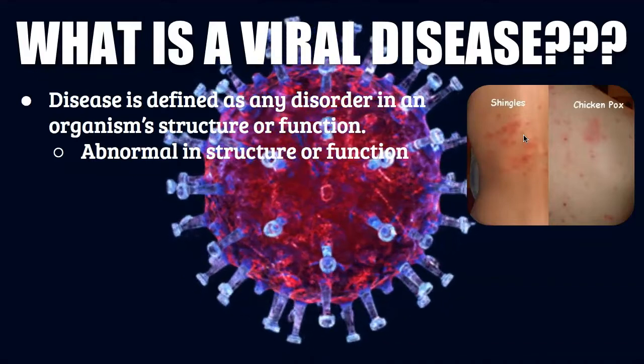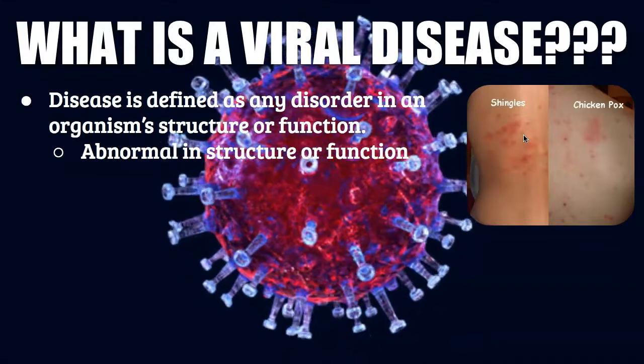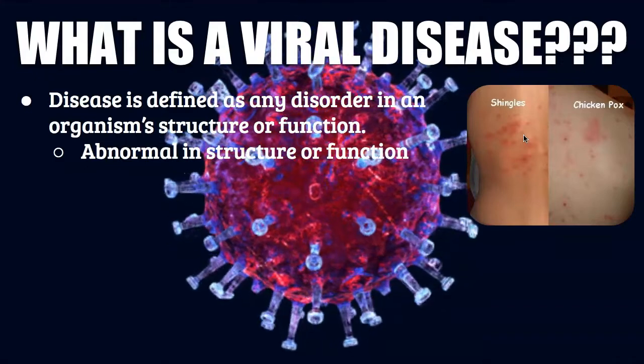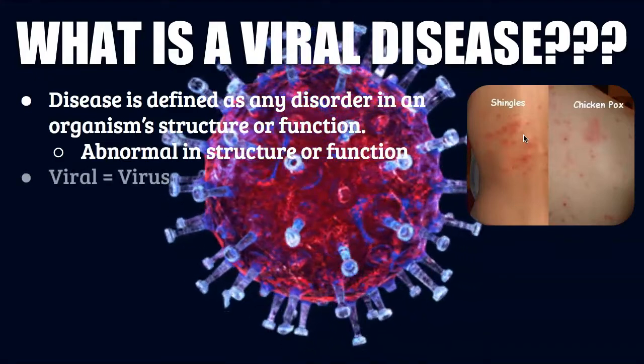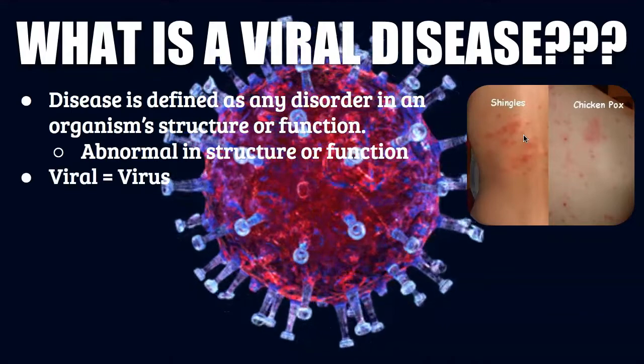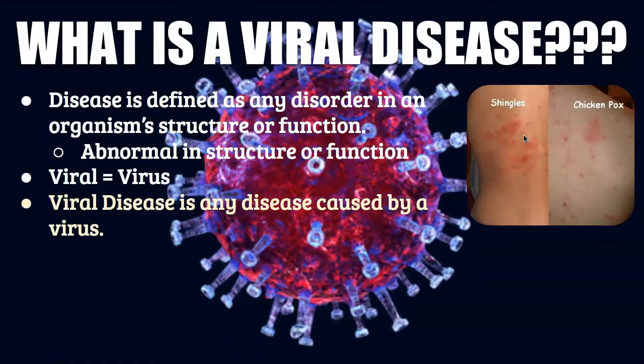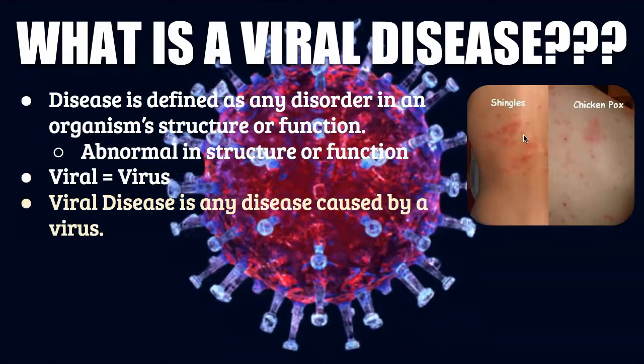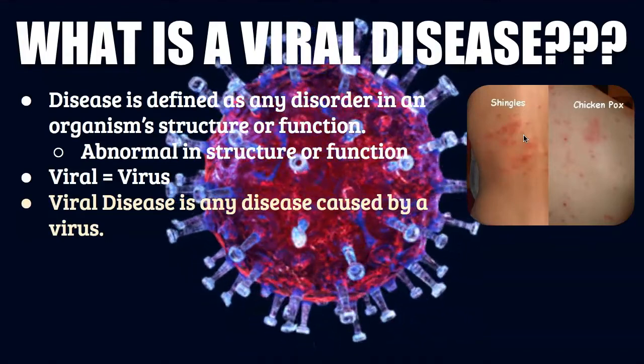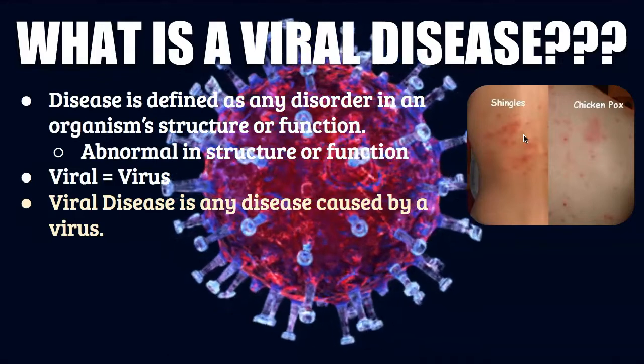And so because these things aren't working the way they should, that's why we say it's a disease. And so viral just simply means the virus. And so a viral disease is any type of disease that's simply caused by a virus. So when we talk about viral diseases from here on out, that's what we're going to be discussing.